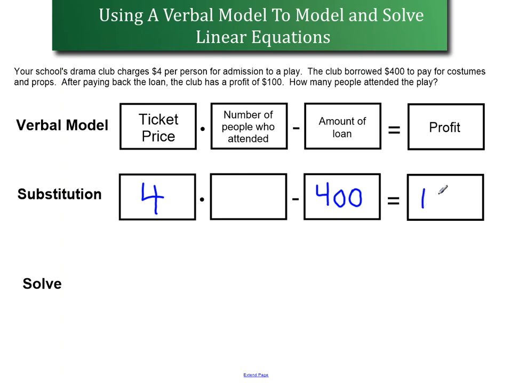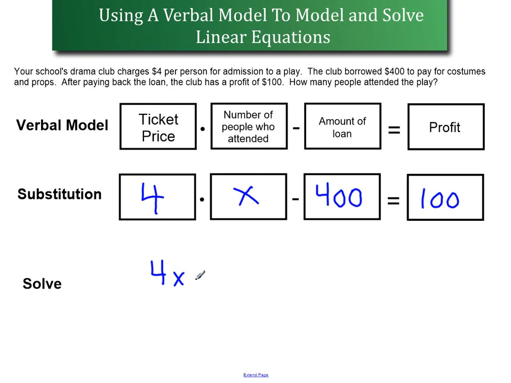So that's my profit. How many people attended the play? Well, what's left? That's my unknown amount. So I'm going to call this x. Now you can call this P for people. You can call it whatever you want. But that is my substitution for all the given information in the problem and for that unknown amount that we're solving for. So last step, solve it.